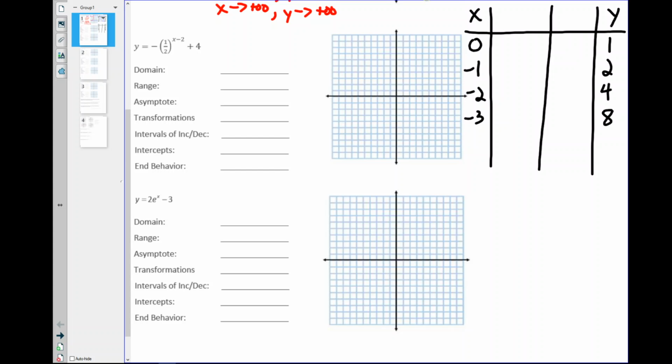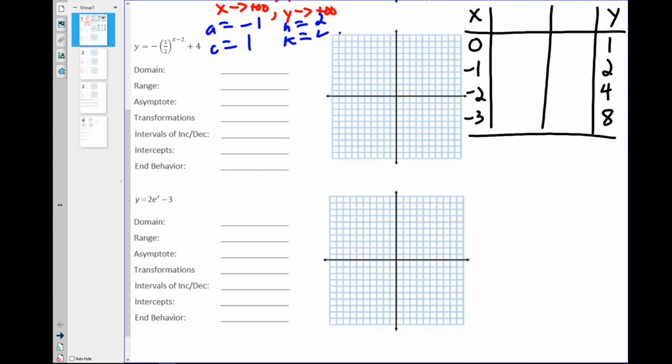So these are going to be my parent points, but then I got to transform these. In order to transform them, I need to identify the transformation values. So here, A, C, H, and K. A is? -1, good. C is? Good. H is? 2.